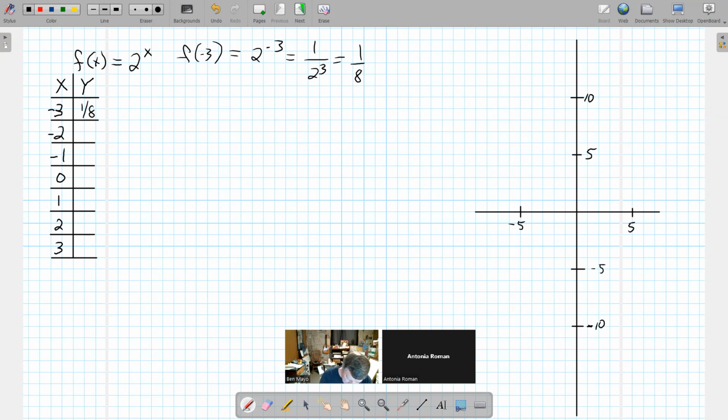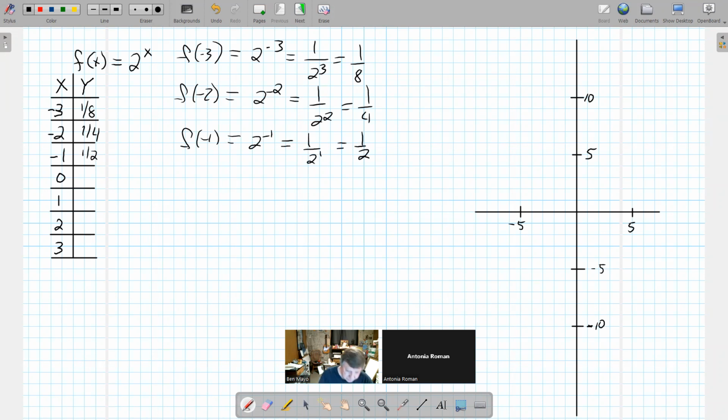All right. If x is -2, f of -2 equals 2 to the -2 power, which is 1 over 2 squared, or 1/4. If x is -1, f of -1 equals 2 to the -1 power, which is 1 over 2 to the +1 power, which is 1/2.